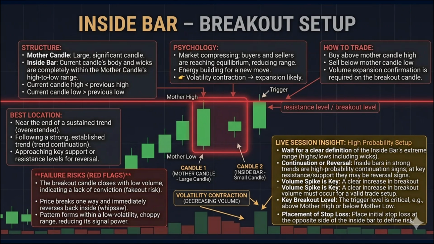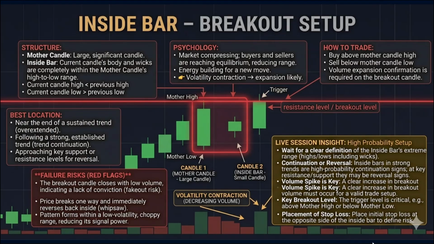Okay. Inside bar. So what is an inside bar? An inside bar is a breakout setup. This is a premier strategy for capturing high velocity moves that follow periods of market consolidation.